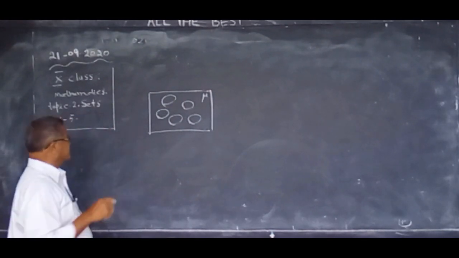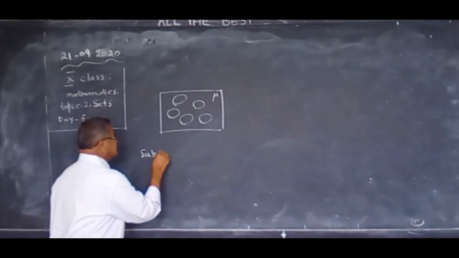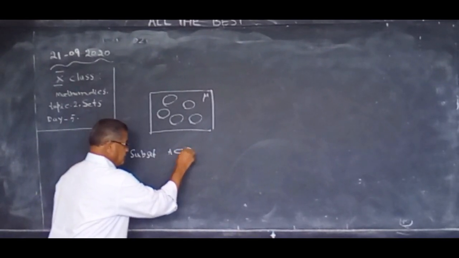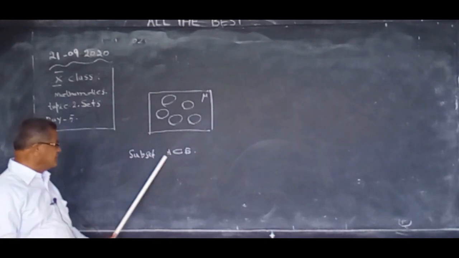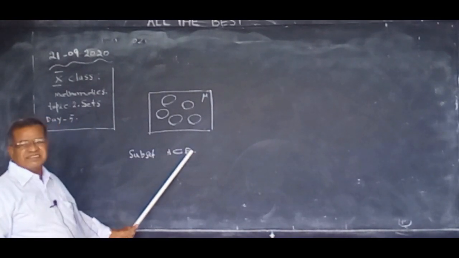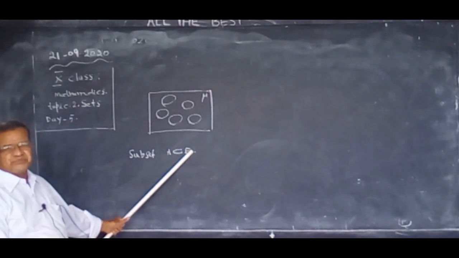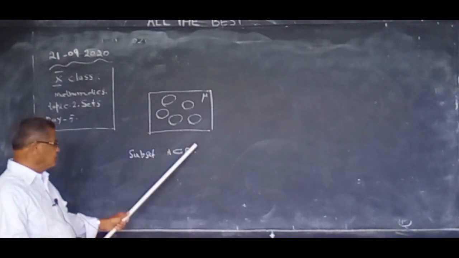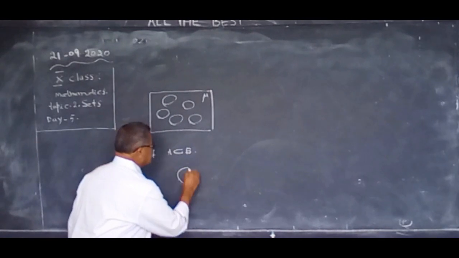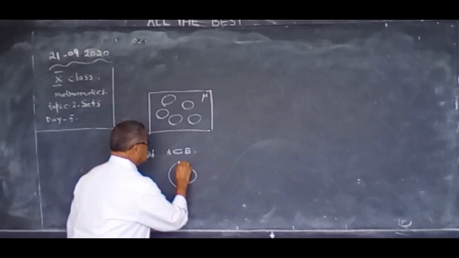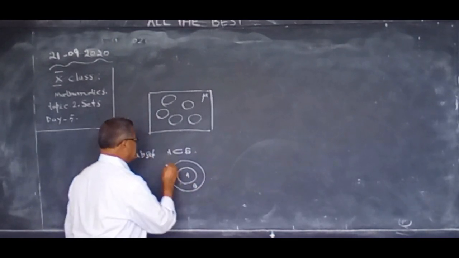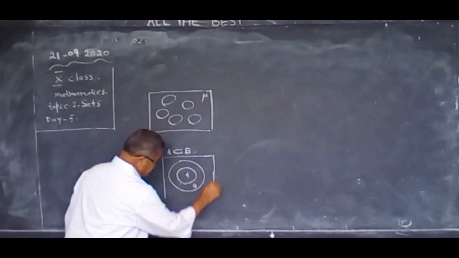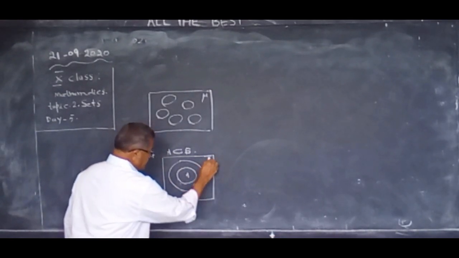And the next is subset. A is a subset of B means the elements of set A are also in set B, or B contains A. We can represent this with a Venn diagram: A is small, B contains more elements, expressed inside a rectangle, mu.